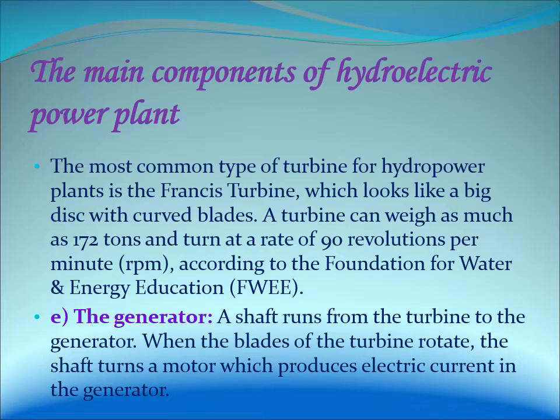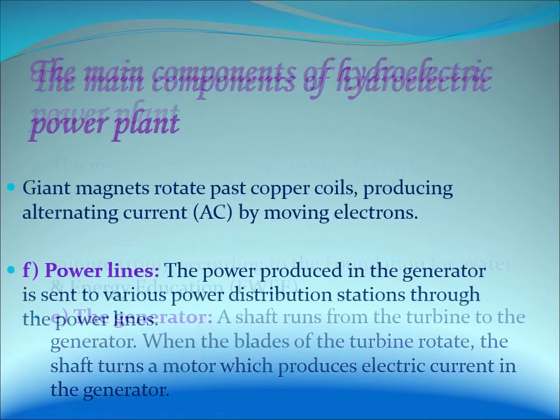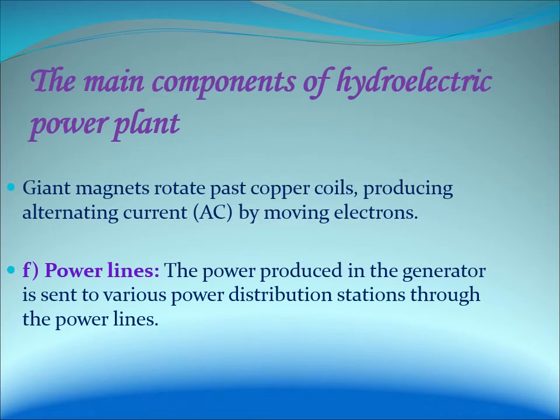A shaft runs from the turbine to the generator. When the blades of the turbine rotate, the shaft turns a motor which produces electric current in the generator. Giant magnets rotate past copper coils, producing alternating current by moving electrons.